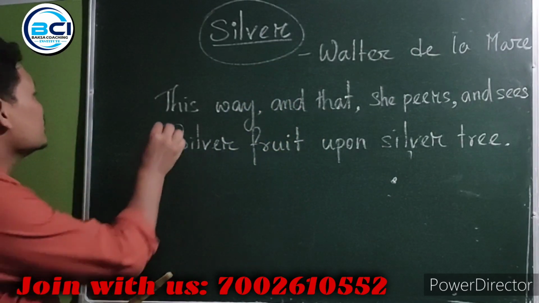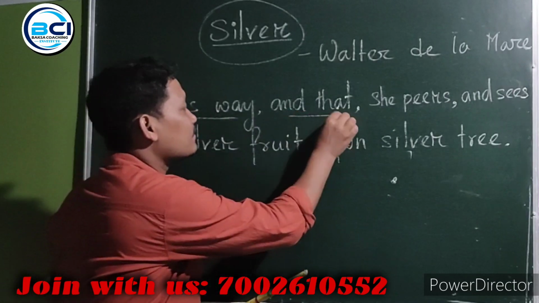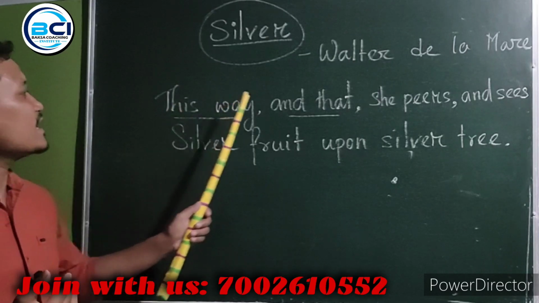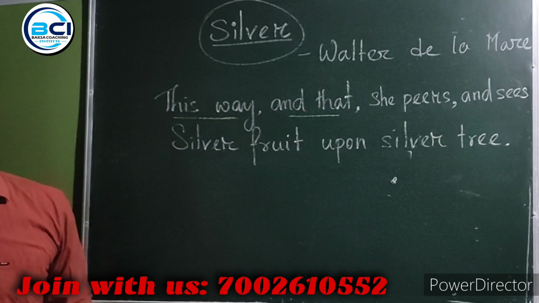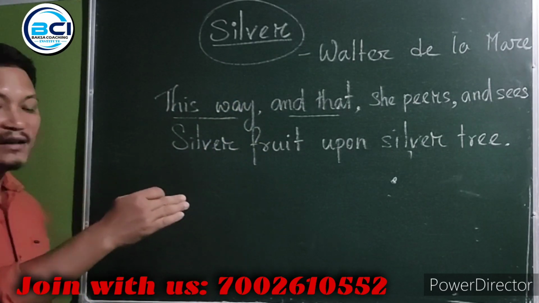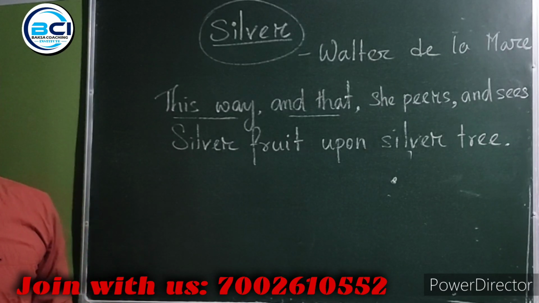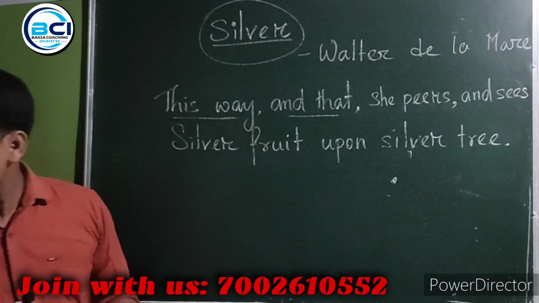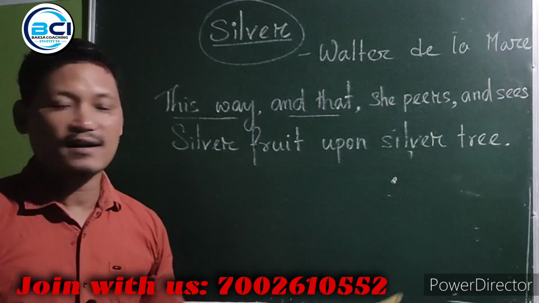Now look, this way and that. What does it mean? The actual meaning of this phrase is here and there. This way and that. But look, this way and again that way.